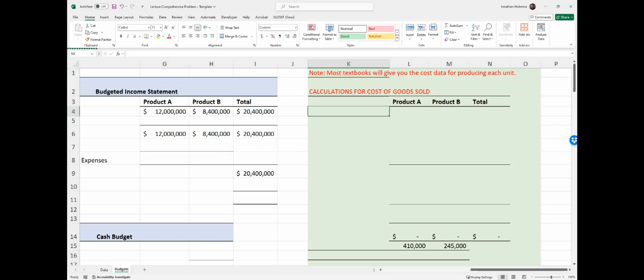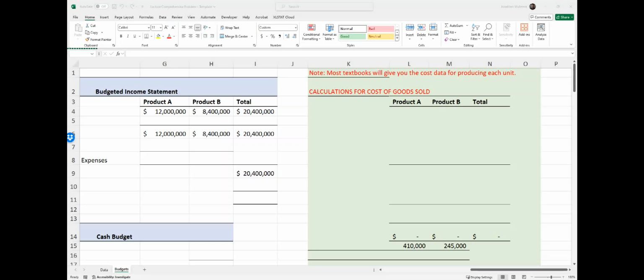So what we'll need to do is to go back. If you recall, at the beginning of the semester, we did talk about how you prepare a schedule of cost of goods manufactured, leading to you preparing your cost of goods sold. So I know it's been a while since we've looked at all that stuff, but we will need to use that information.